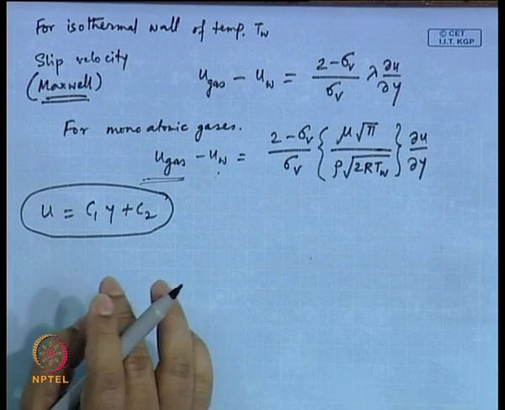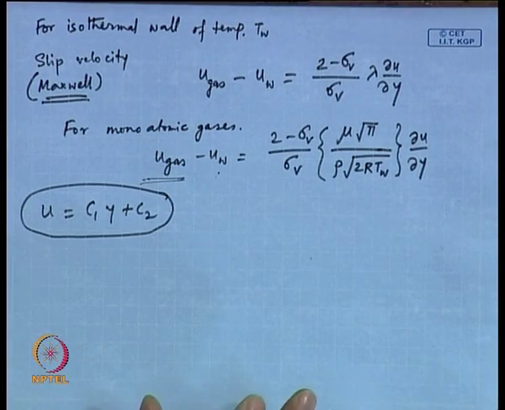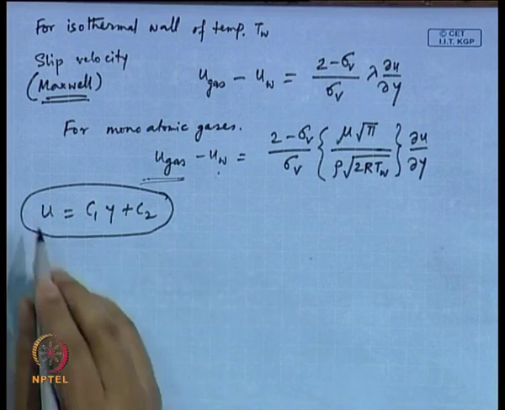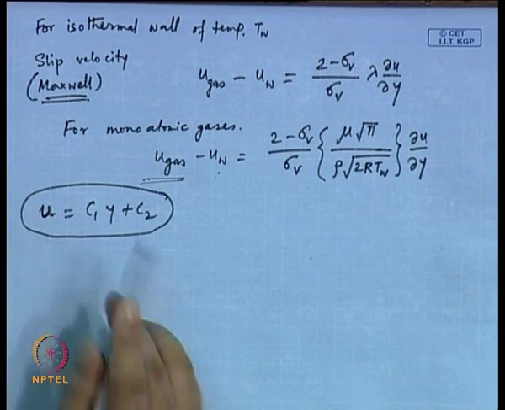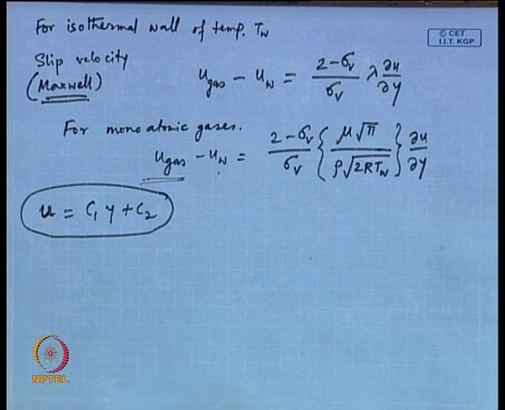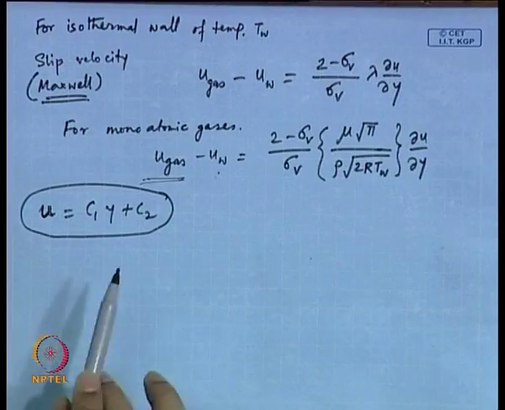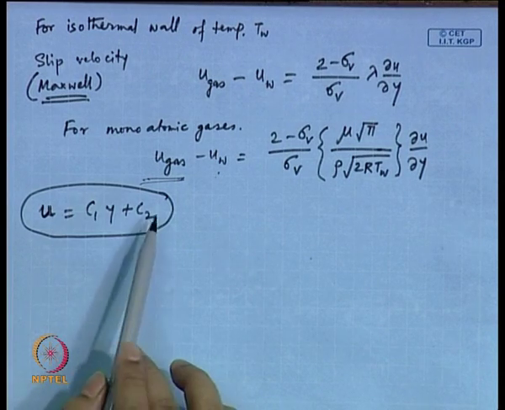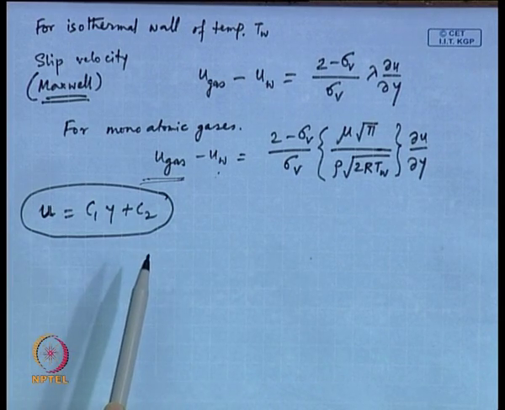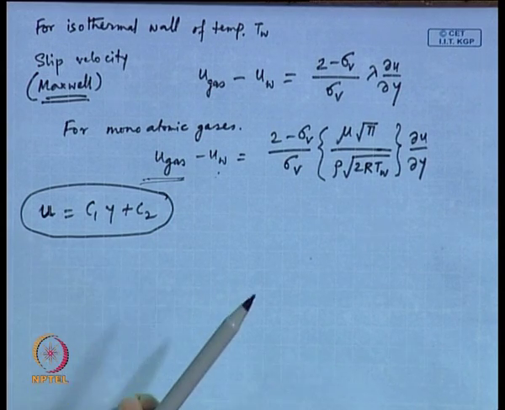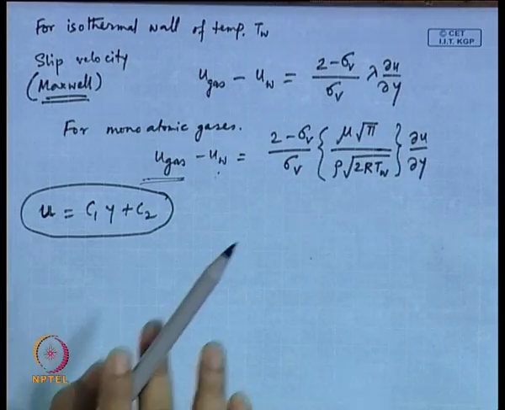We said it is basically one plate is fixed and the other plate is moving at a velocity capital U. In that case, the small u, the velocity at any location y, starts from y equal to 0 at the fixed plate, and it goes up, and y is equal to h at the moving plate. So, this is the boundary condition, and this is the governing equation, and the governing equation remains same whether you have slip or no slip. That is what we said.